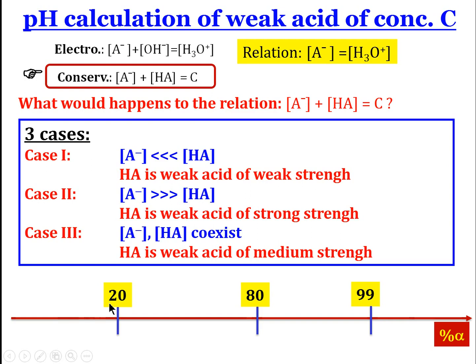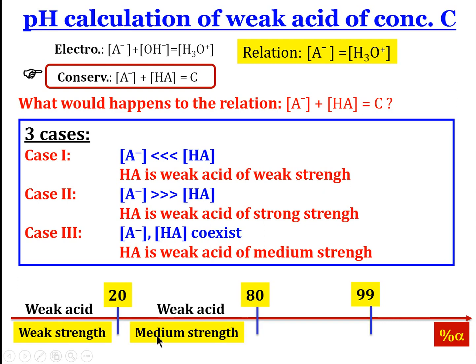If alpha is less than 20%, the acid is weak and of weak strength. If the degree of conversion of HA to A- and H3O+ is between 20% and 80%, the acid is weak of medium strength.